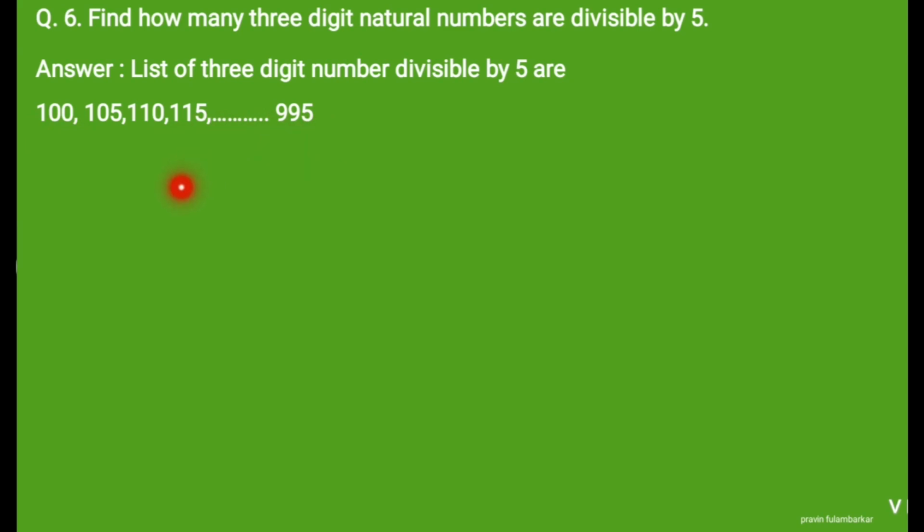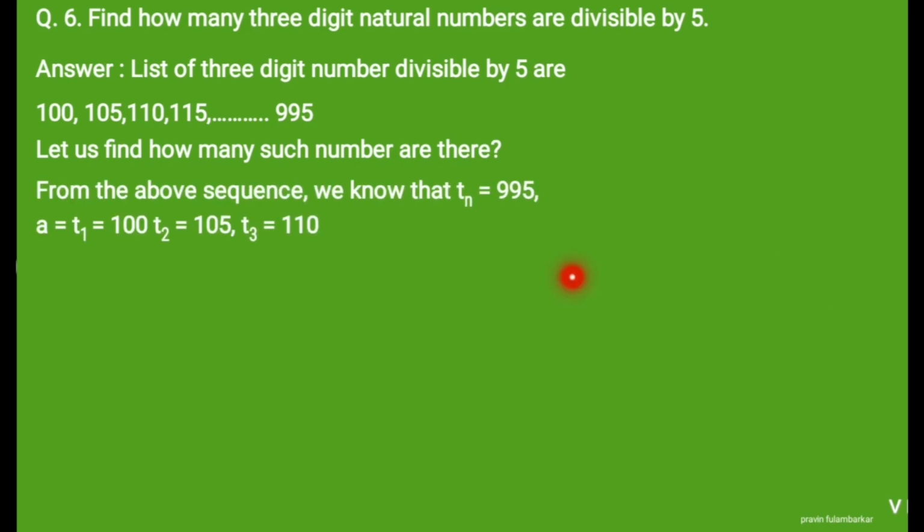Now we have to find how many 3-digit natural numbers are divisible by 5. That means we have to find the total numbers which are divisible by 5. So let us find how many such numbers there are. That means we have to find the value of n.